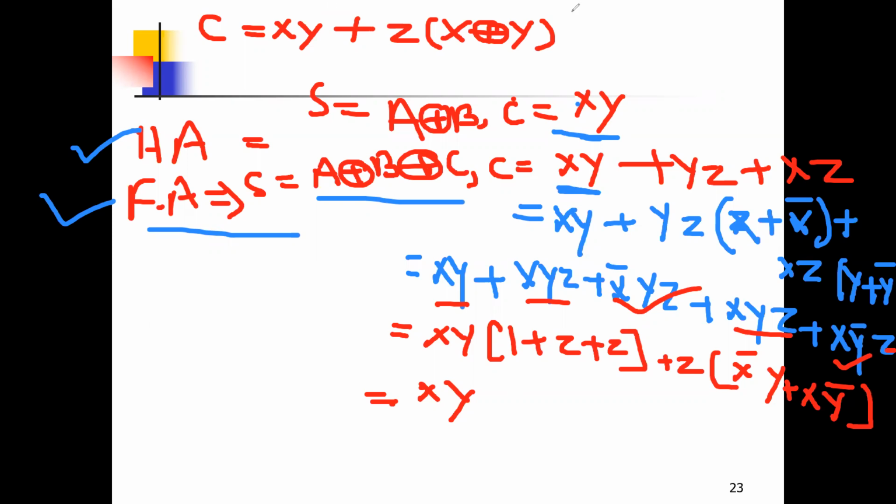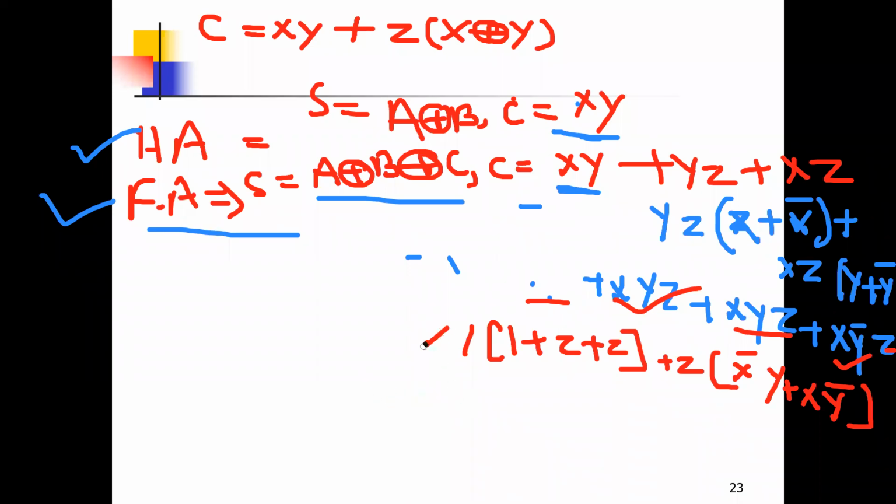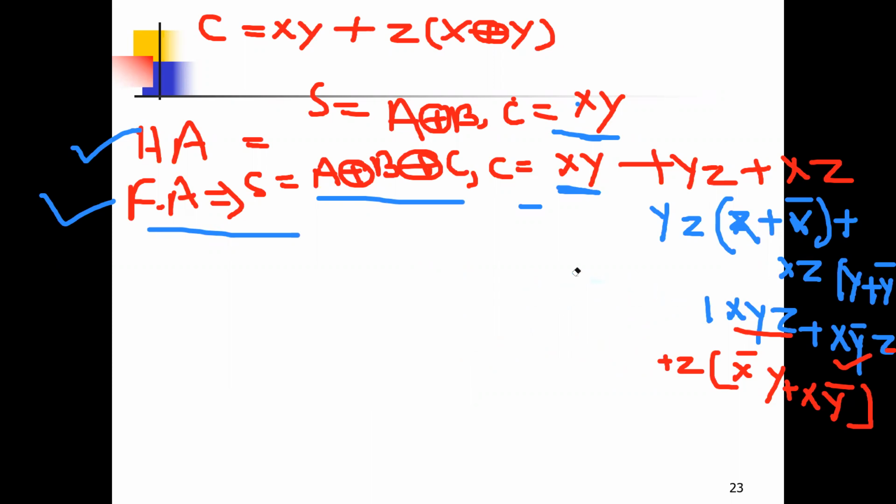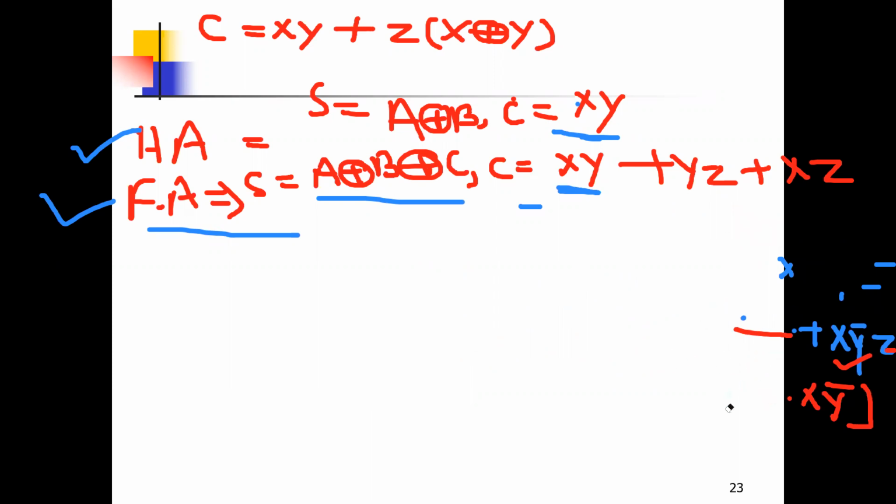Now look what I will do. I will draw the full adder circuit with this new carry and the sum. Here I have the sum as XOR of the inputs.